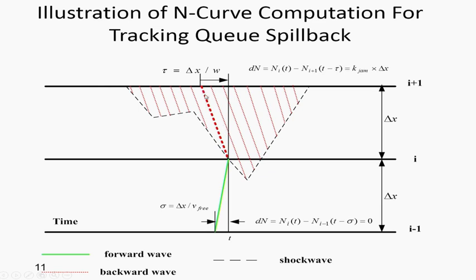Along this wave line, the density is the k_jam. This density along this wave line is k_jam, which is represented by this particular equation.